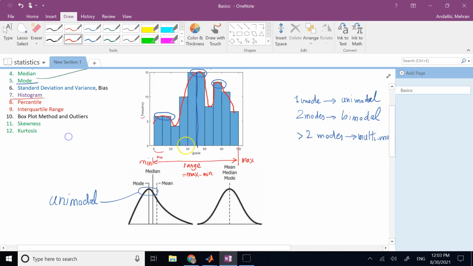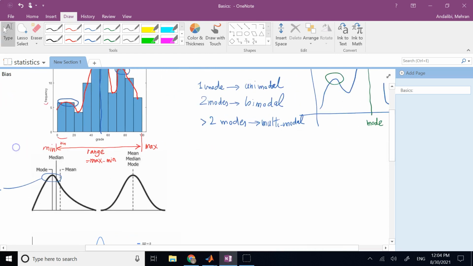If you have, let's say here, a total of 60 data points, so the sum of all these frequencies, when you add them, is 60 or 80 or whatever. If you sort your data from the smallest to the largest, then the middle data point is what we call the median.